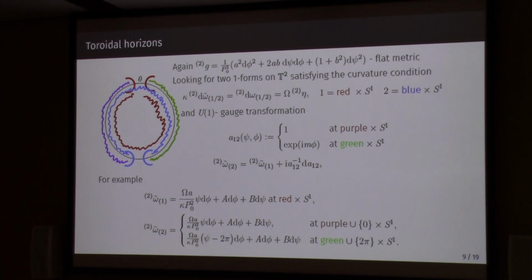One is the one circle except for the 0, where 0 is excluded because one of the coordinates, let's say phi or psi, is not continuous there, times the other circle, and the other part is the same, but with only psi equal to pi. And then you can impose this curvature condition and look at one-forms transforming under the gauge transformation, and can show that, for example, those satisfy those conditions.